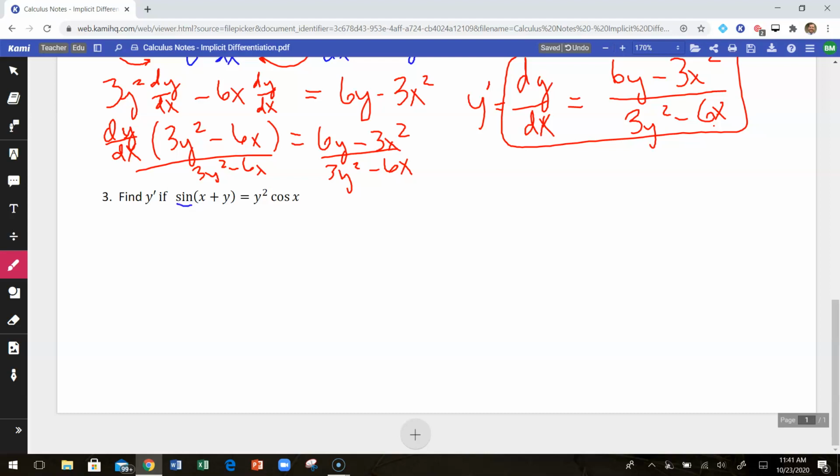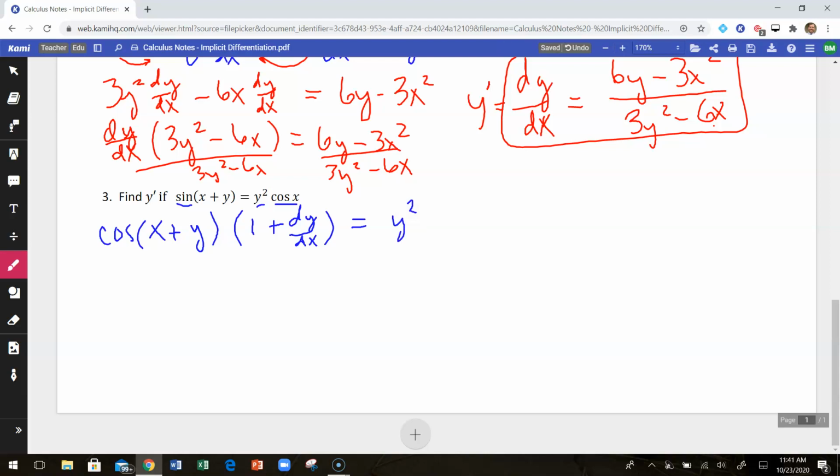So the derivative of sine is cosine. We keep the inside the same, and then we chain on the derivative of the inside. The derivative of x is 1. The derivative of y is dy over dx. Equals, on the right side I have a product of y squared and cosine x. So I do the first times the derivative of the second.